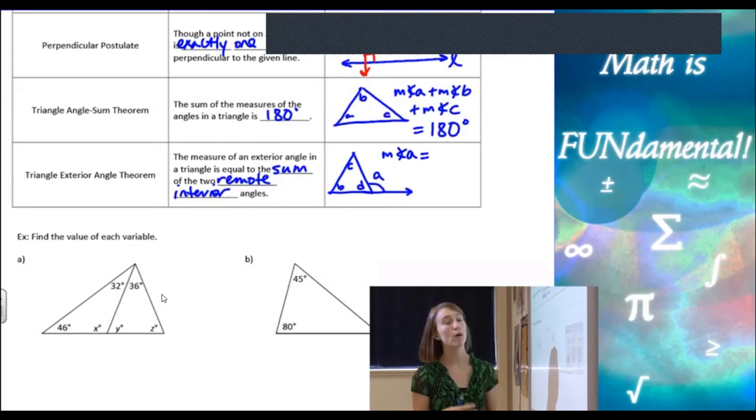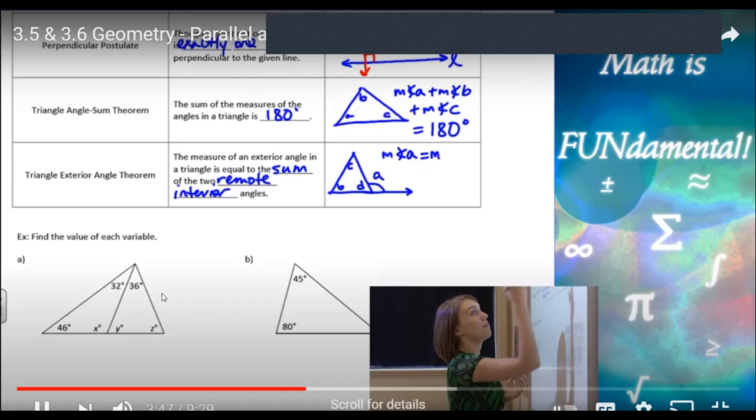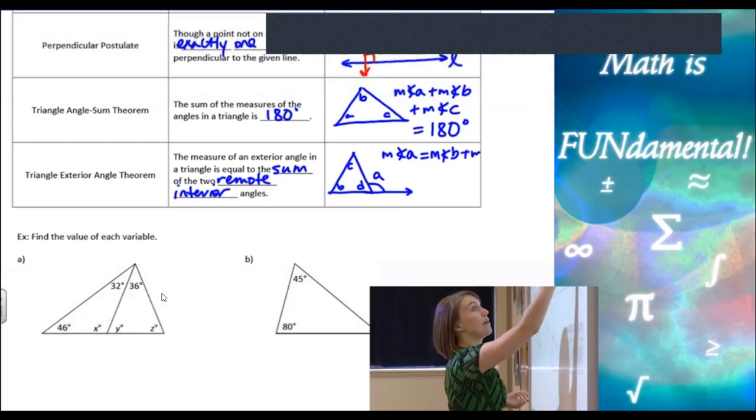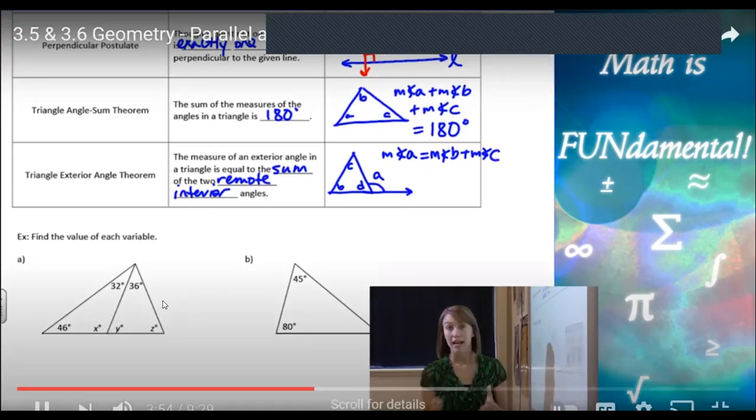So the remote interior angles are the two interior angles that are separated from the exterior angle. We're going to ignore angle D, and C and B are going to be our remote interior angles. So the measure of angle A is equal to the measure of angle B plus the measure of angle C. It's a quick little shortcut. You'll see later how we can use that.